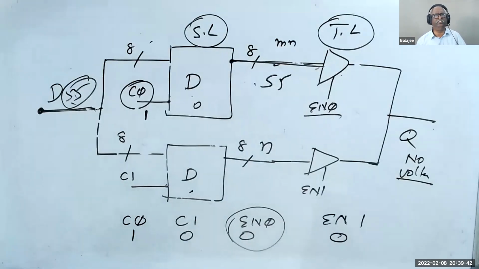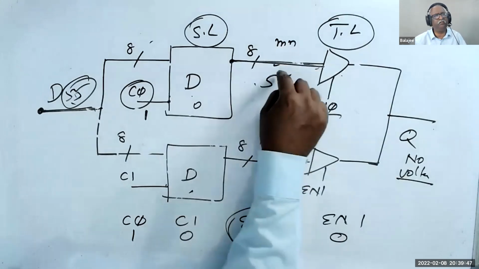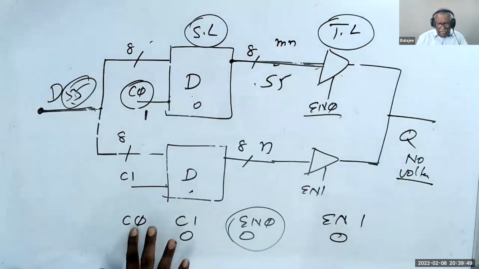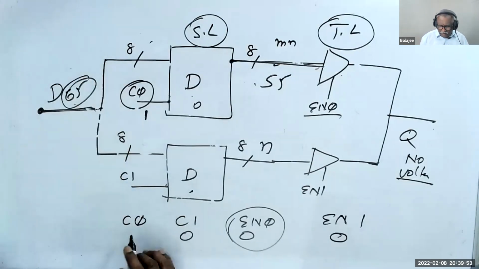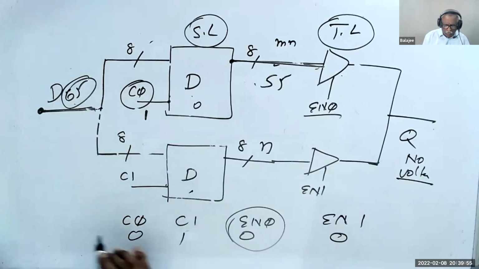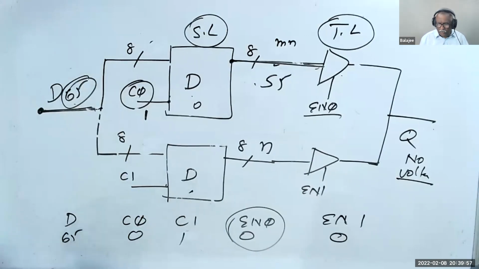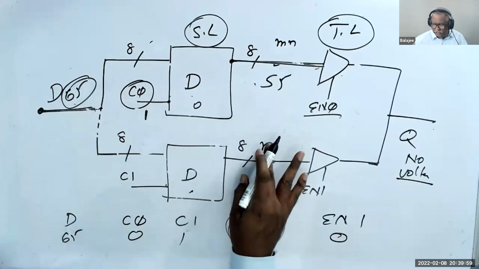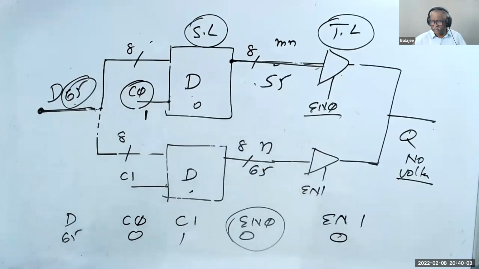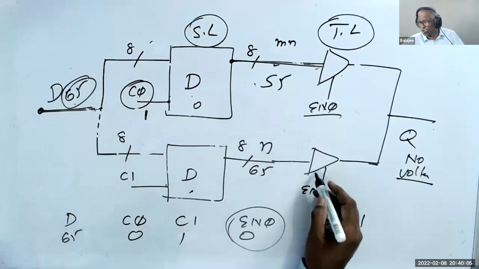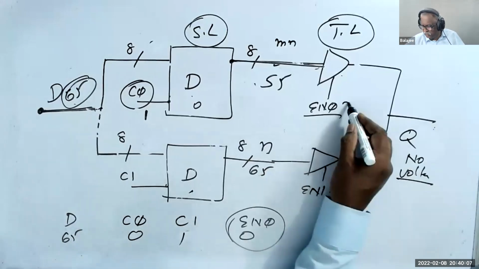Since enable 0 is 0, it does not go out. This is trapped here. Now I change the data to 65. But I make C1 as 1. Now D is 65. Now what happened? The 65 goes here to N. But it cannot go out because enable 1 is 0.